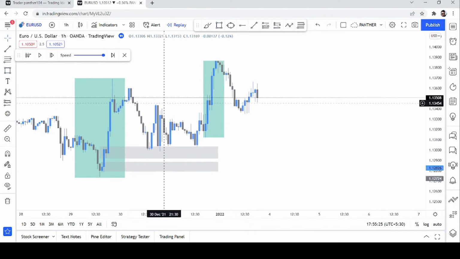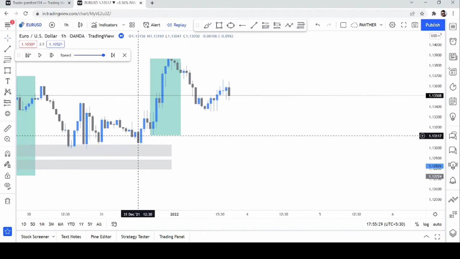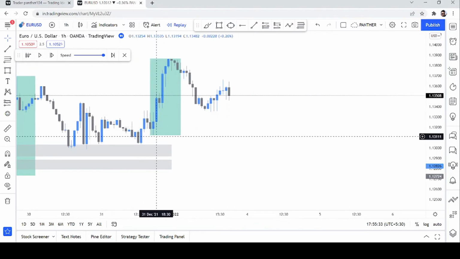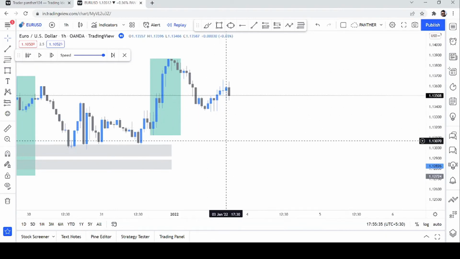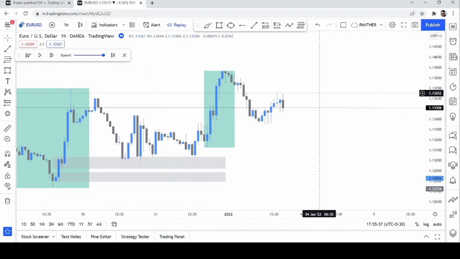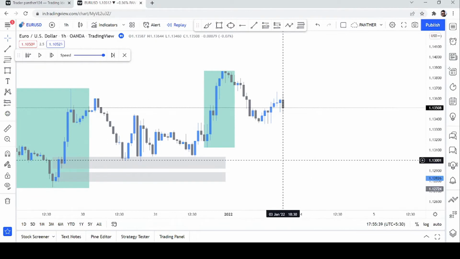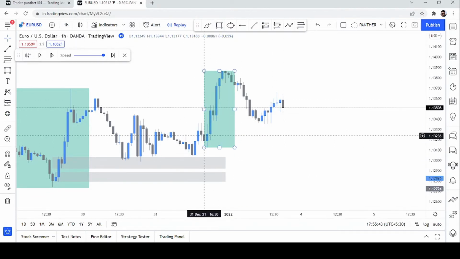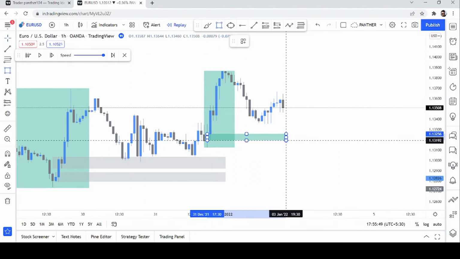Break of structure here. Why am I not choosing this zone? Because this OB is already mitigated right here. This demand zone is already being mitigated. Mitigation and imbalance and all that, it's already in our previous videos. Do check those out. And where is your second box? Our second box is right here in this wick.